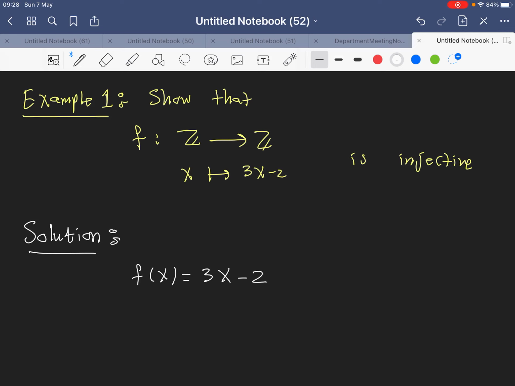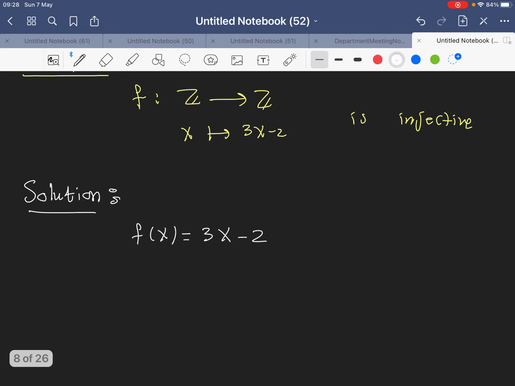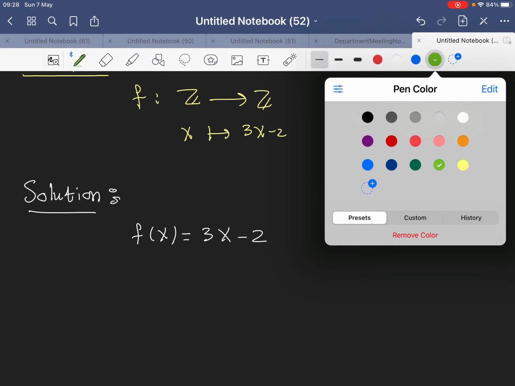Now, I would advise you to pause this video, assume f of x1 is equal to f of x2, and try to do the steps and see if you can reach that x1 is actually equal to x2. So please pause the video and then you can watch it. Otherwise, we can just solve it together here.